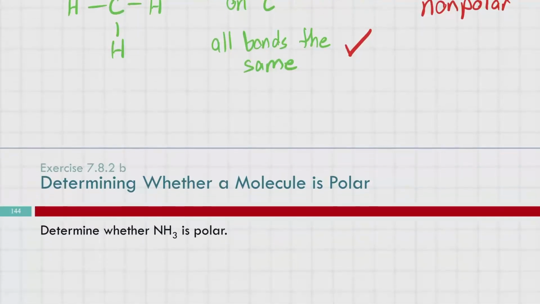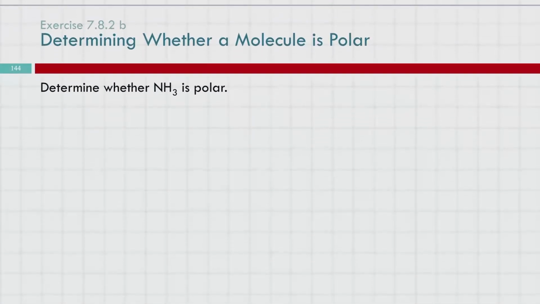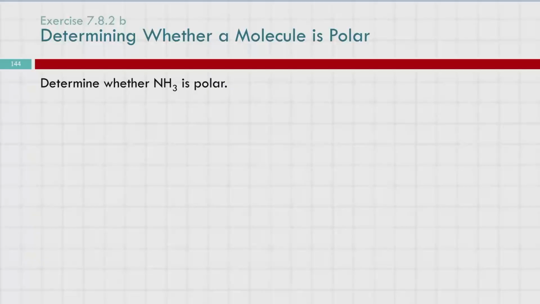We can also determine whether NH3 is polar. What's the first thing we need to do for NH3? Draw the Lewis structure. Again, I'm pretending that we have Lewis structures mastered.